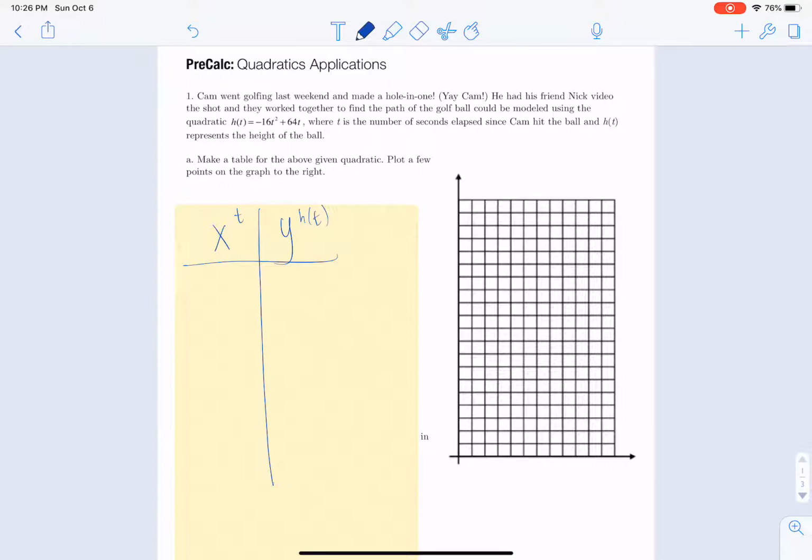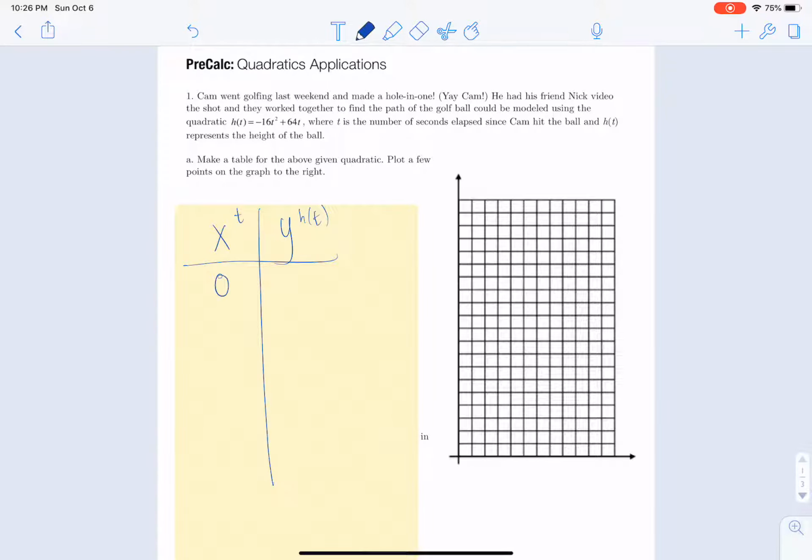My graphing calculator will spit out a lot of different values, including some negative values. But if I look at the coordinate plane that I've been given here, I don't have any negative values. That's because, A, we're talking about time, and we're not going to reference time as a negative value. And B, we're talking about height, and we're also not going to reference height as a negative value.